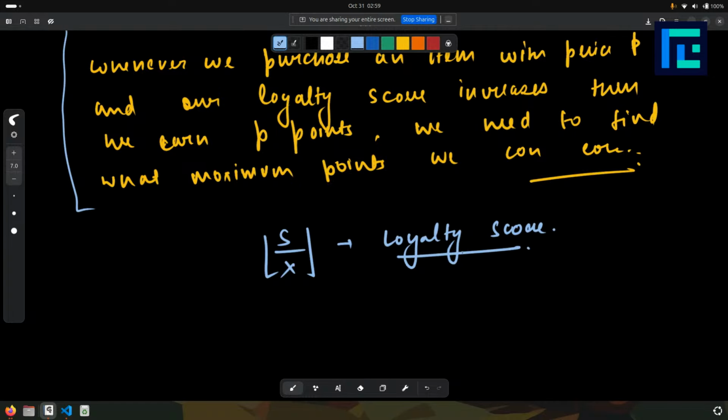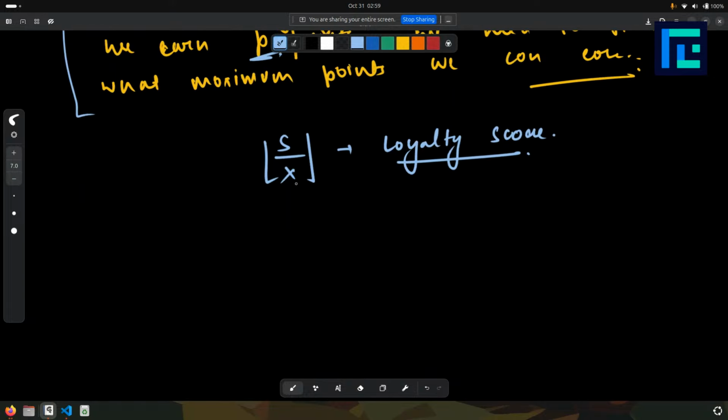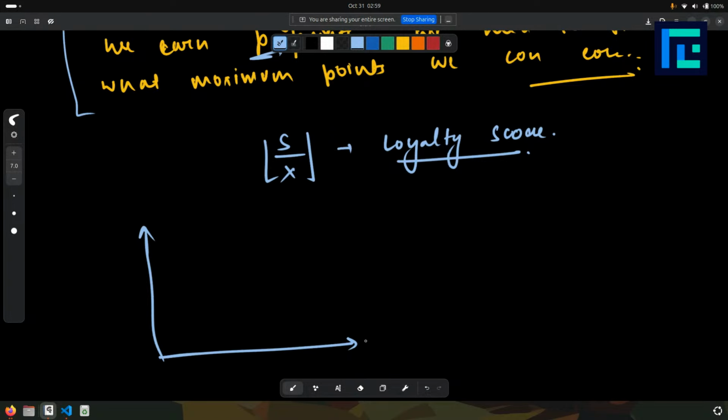And we are awarded points when we make a purchase. We are awarded P points when we make a purchase of cost P, and our loyalty score increases as a result of that. So basically, when will the loyalty score increase? Let's plot X with S, the loyalty score.